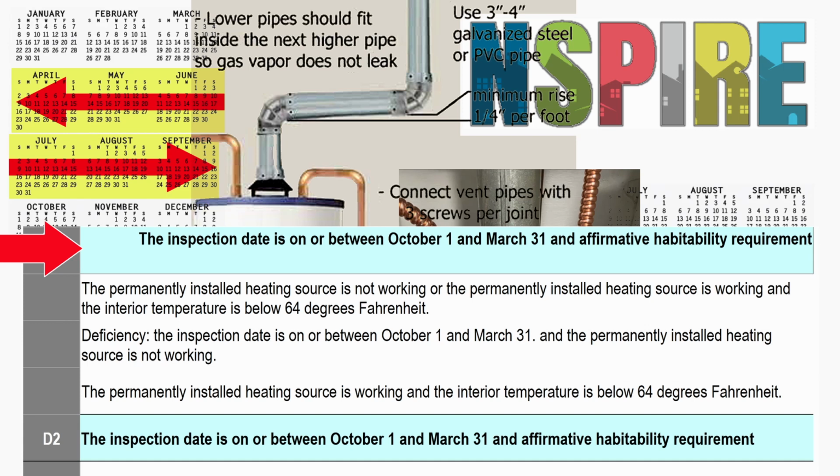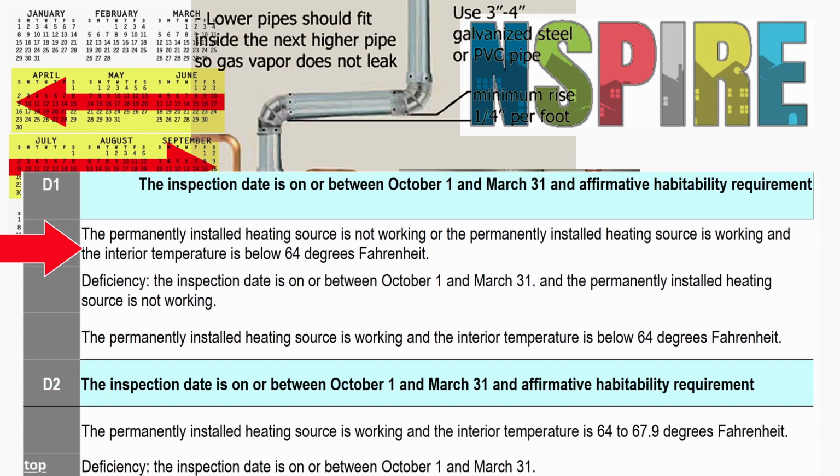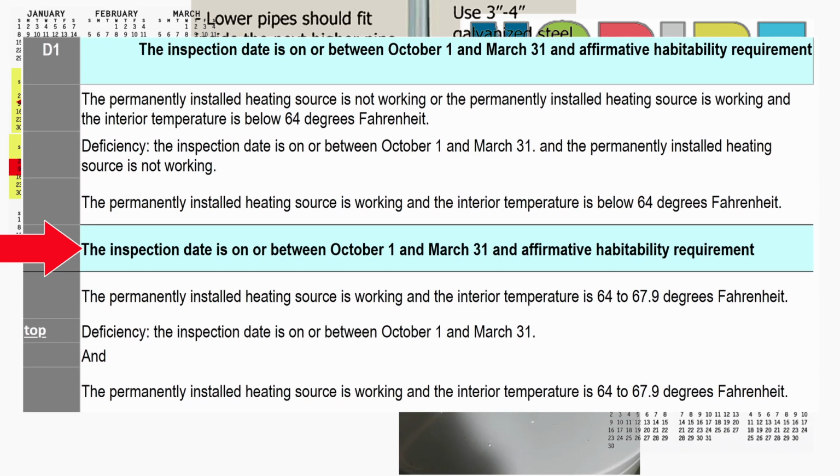Deficiency. The inspection date is on or between October 1st and March 31st, and the permanently installed heat source is not working. The permanently installed heating source is working and the temperature is below 64 degrees Fahrenheit. Deficiency 2, the inspection date is on or between October 1st and March 31st, and this is an affirmative habitability requirement.